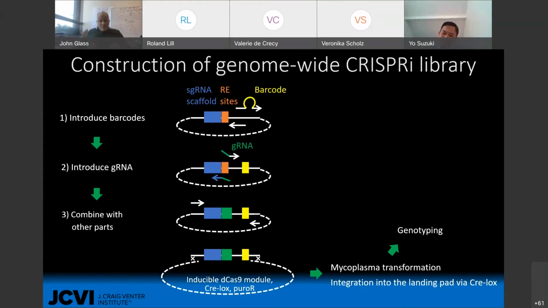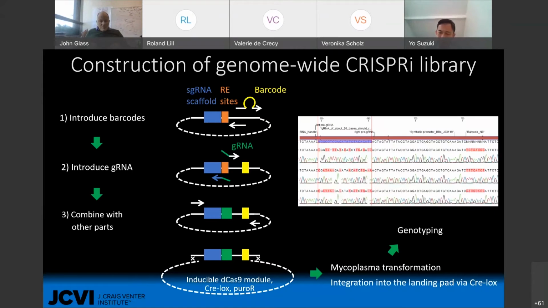We do the mycoplasma transformation, pick colonies, and genotype using PCR and Sanger sequencing. Here's one example where 3 different barcodes are observed, plus the guide RNA sequence specific for that target.